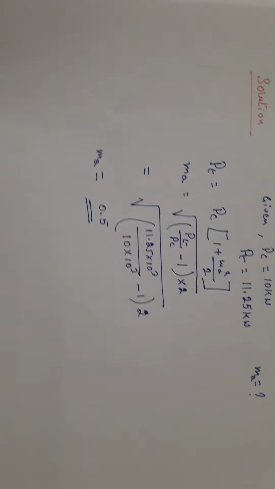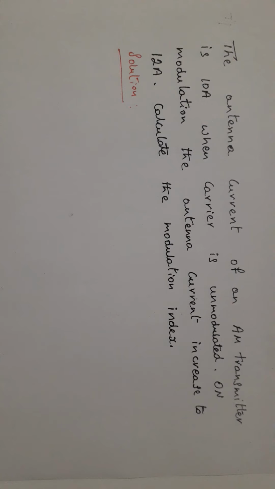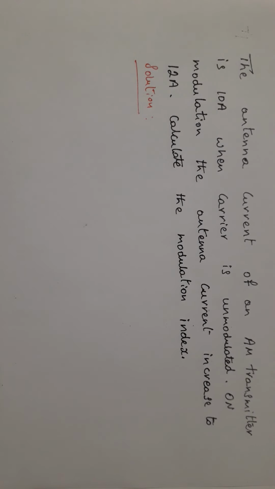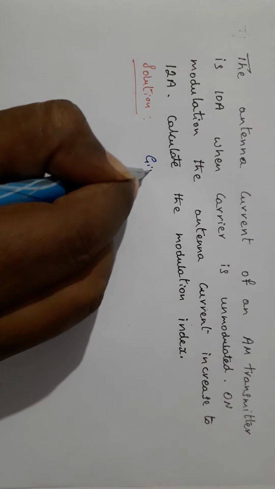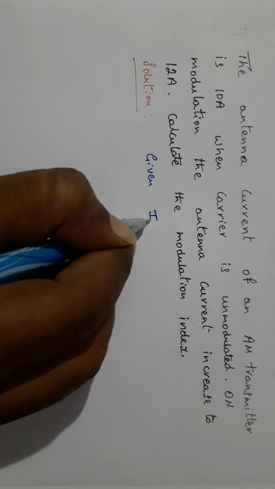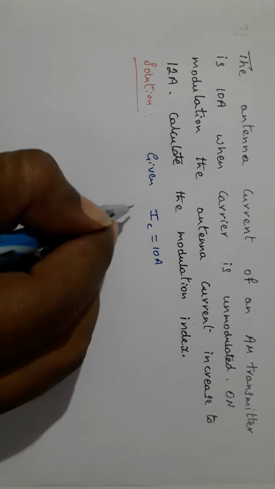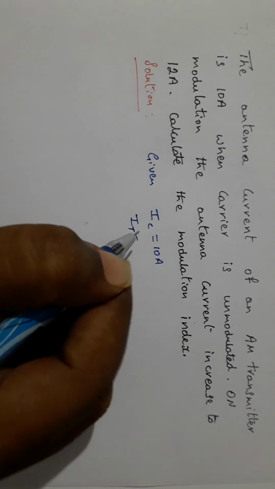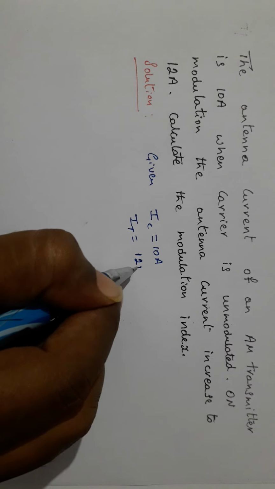Next problem. The antenna current of a transmitter is 10 amps when the carrier is unmodulated. On modulation, the antenna current increases to 12 amps. Calculate the modulation index. Given Ic equals 10 amps, It equals 12 amps.